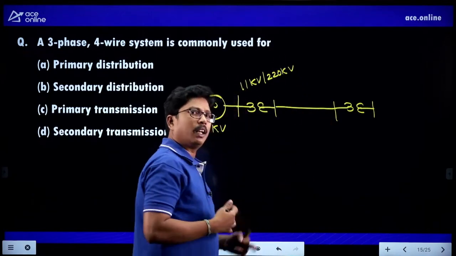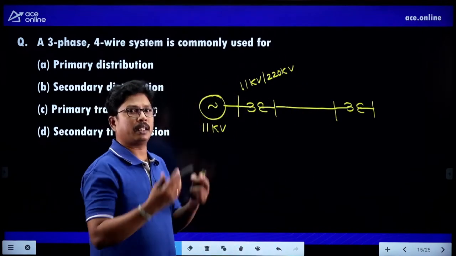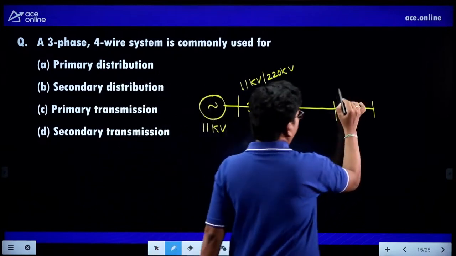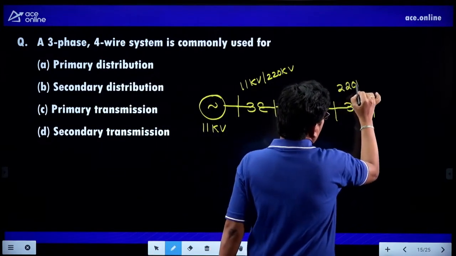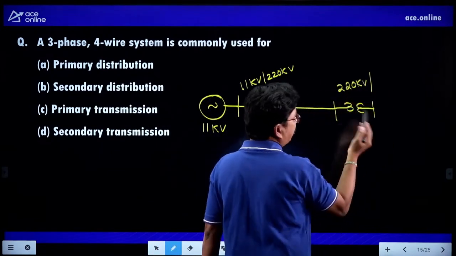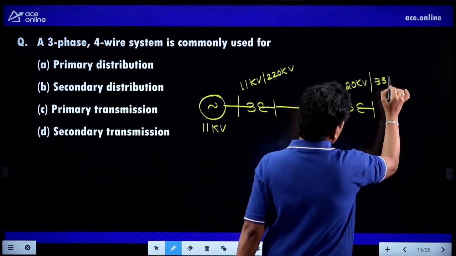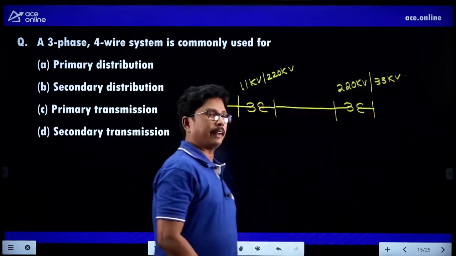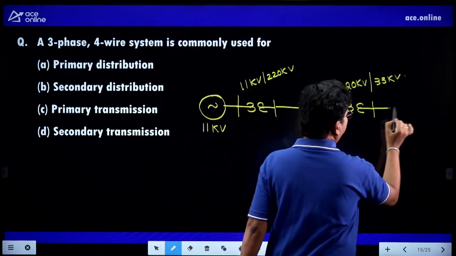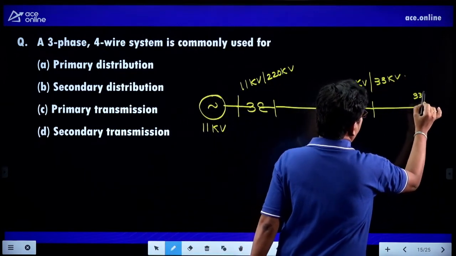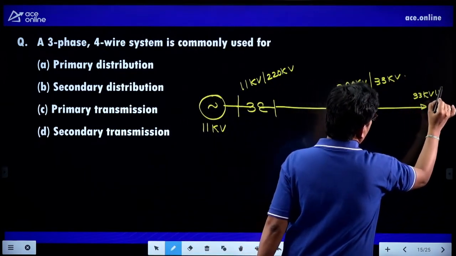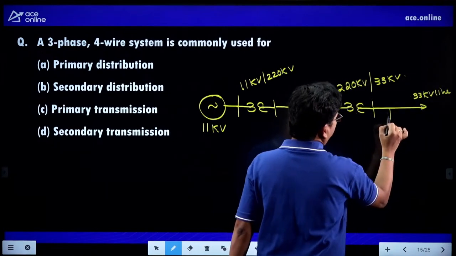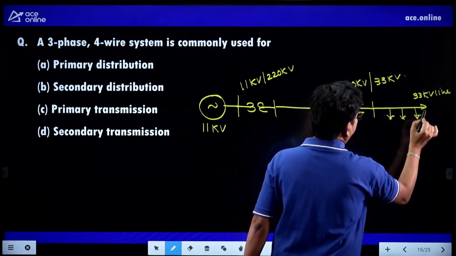Why? Because we have a lot of advantages whenever we are transmitting at high voltages. So 220 kV is the primary voltage, and we are stepping it down to, suppose, 33 kV. So this line is a 33 kV distribution line. We can connect all 33 kV loads here.